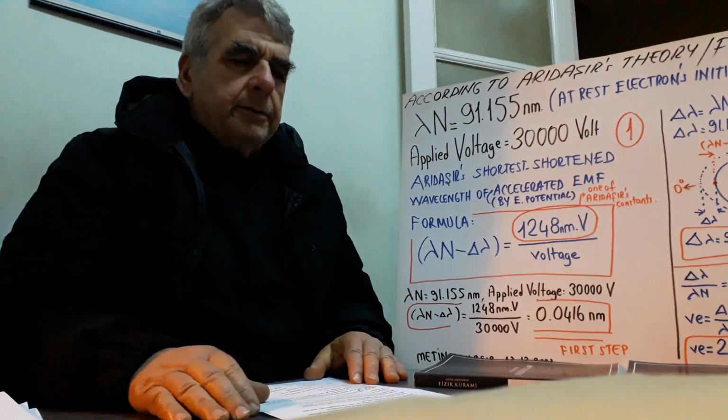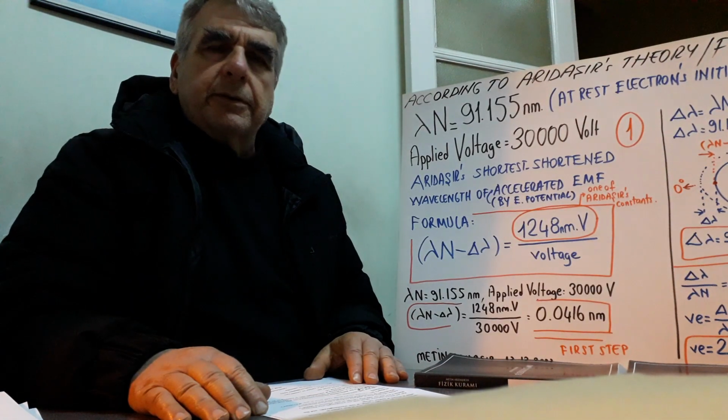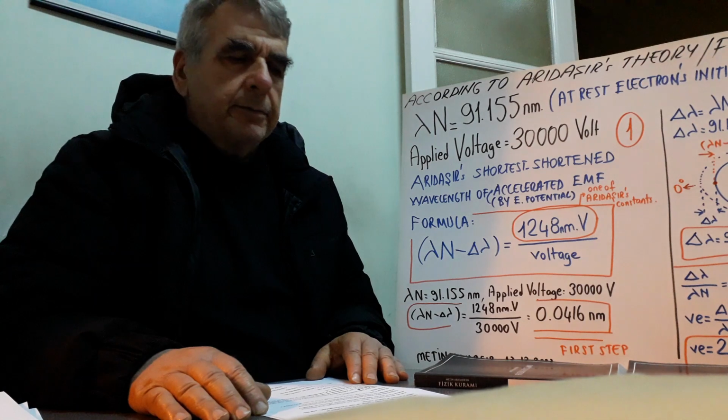Arıdaşır's main method of determining electrons' velocities, which are different from relativistic and classical results.